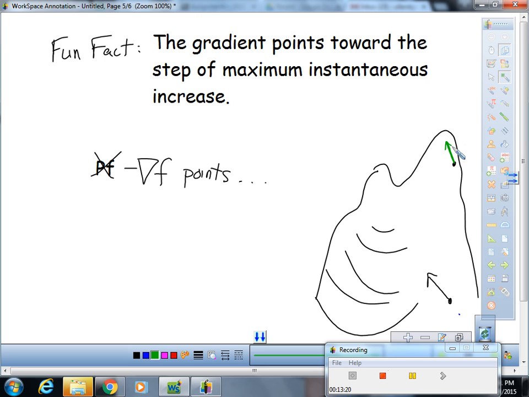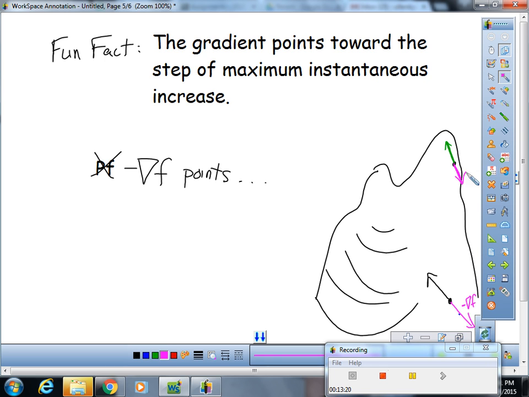Does that make sense? Well, what that means is that if you were to step in the opposite direction, so if this is minus del F, then that is going to be your steepest instantaneous drop.